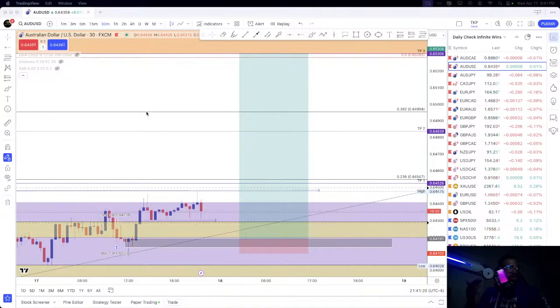Come on, words. Be my friend. Put the Ichimoku up there so you will see where the bottom of the cloud is.